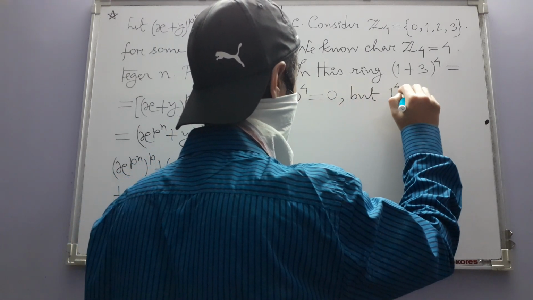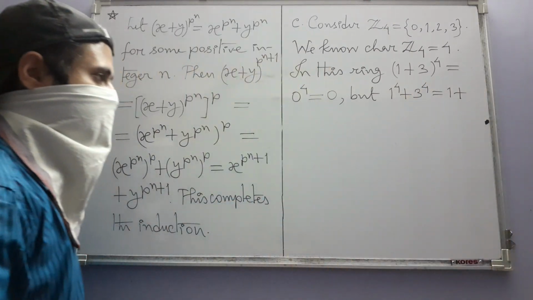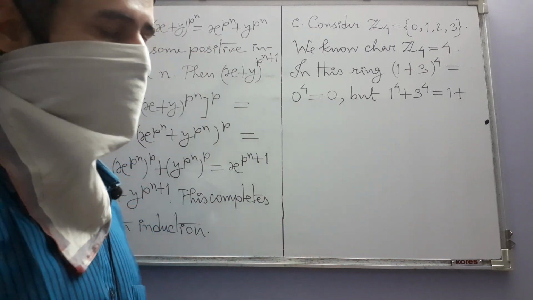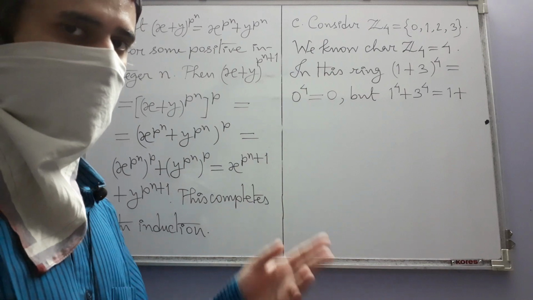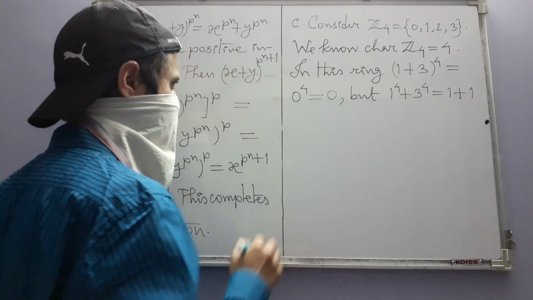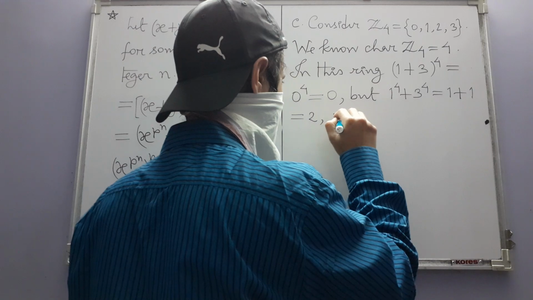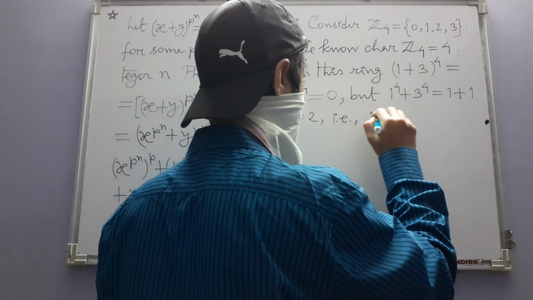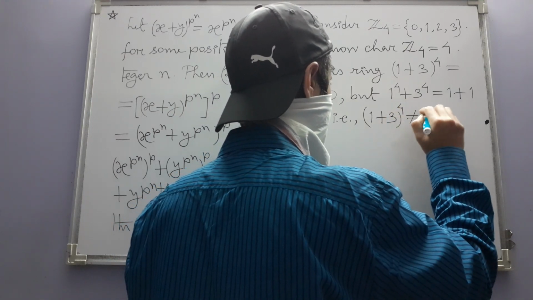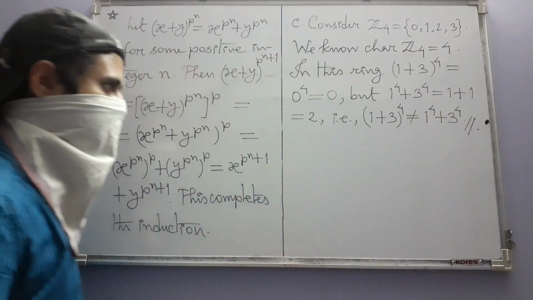But this thing on the other hand is 1 plus 3 to the power 4, ordinarily 81. If you divide that by 4, you get remainder 1. So that means in this ring 3 to the power 4 is 1. So you get 2. This completes the solution.